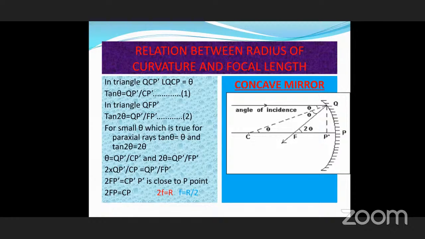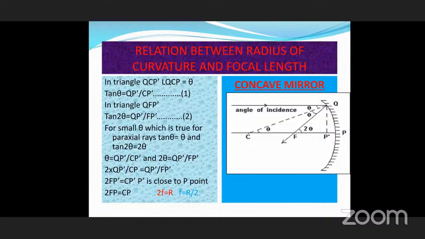Then QP dash and QP dash cancel out. Cross multiplying, 2 FP dash is equal to CP dash. So 2 FP dash equals CP dash is derived.